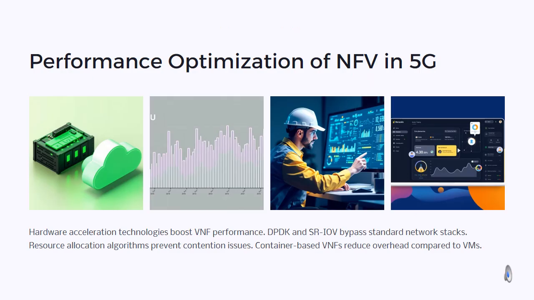One challenge in NFV adoption is ensuring that virtualized functions match traditional hardware performance. Here's how performance can be optimized. Hardware acceleration technologies like DPDK and SR-IOV improve network packet processing, making VNFs as fast as hardware-based appliances. Resource allocation algorithms.